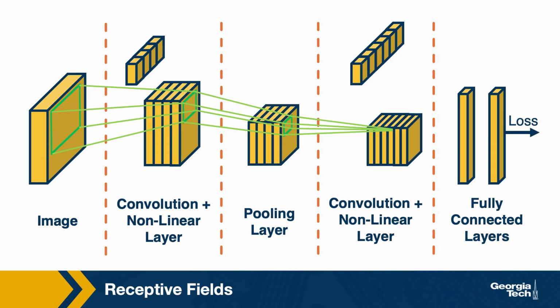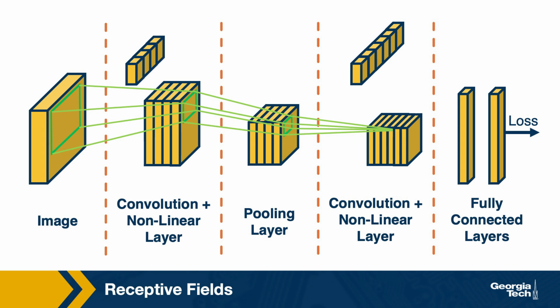One interesting aspect of alternating these types of layers is that you'll have an increasing receptive field for a particular pixel deep inside the network. Again, the receptive field defines what set of input pixels in the original image affect the value of this node or activation deep inside the network.